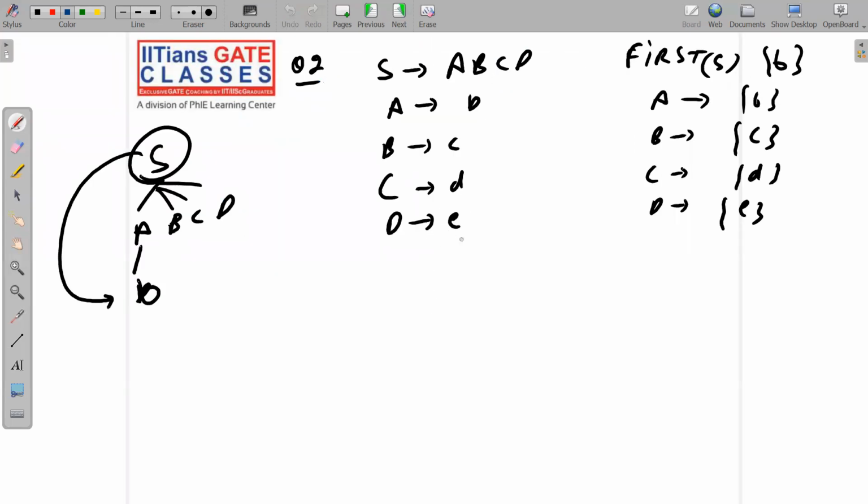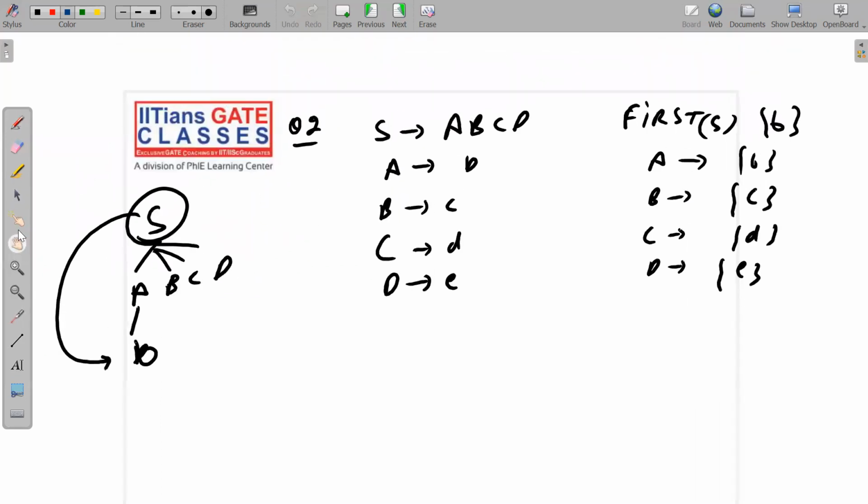Next. So here we have written this. Obviously you all can find out follow here also, but just for the sake of completion, I am writing. Follow of S will be what? Try to find S in the RHS. We are not able to find it, so it will be dollar. Next, follow of capital A. We are finding it here.